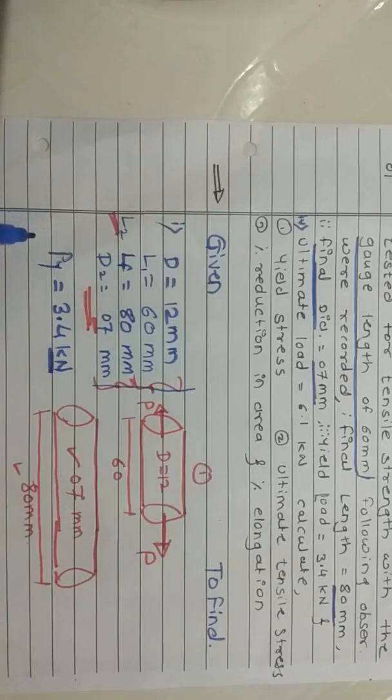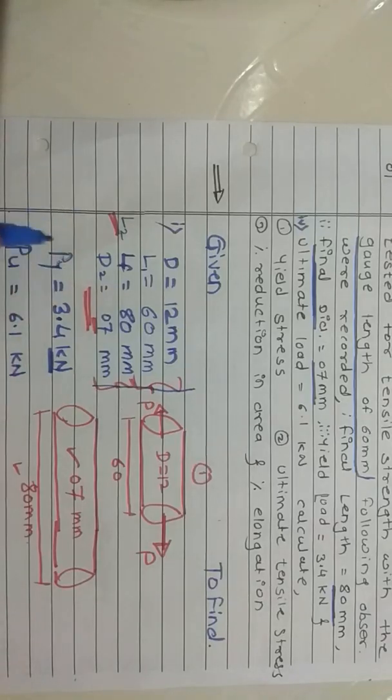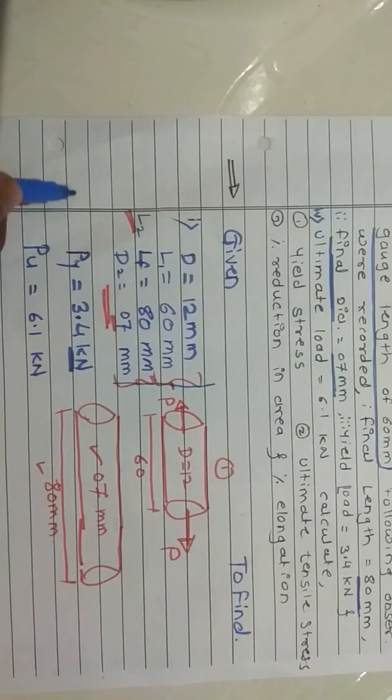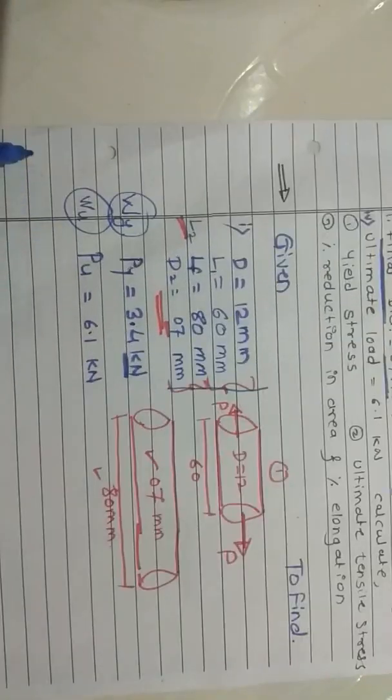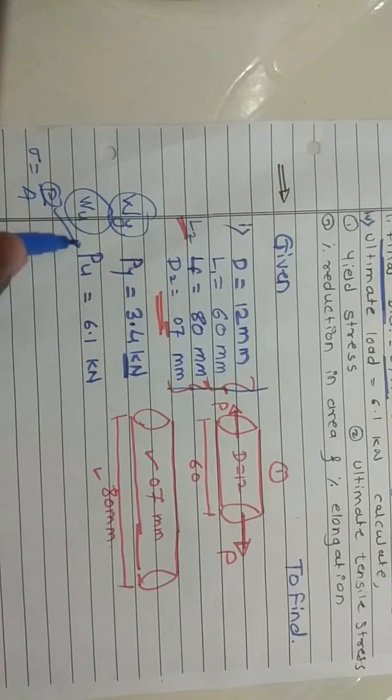And ultimate load P of U is equal to 6.1 kilonewton. Here you can write, instead of P of Y and P of U, W of Y and W of U also. This is your choice, but you have to remember that the formula for stress is equal to P upon A. Therefore, we use P here.